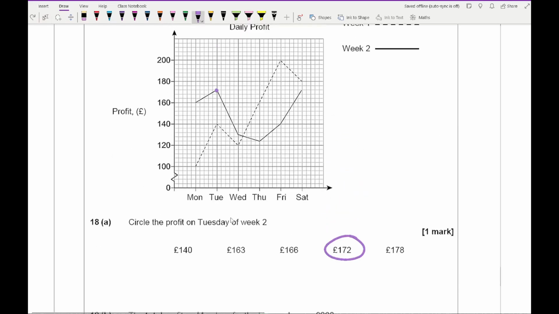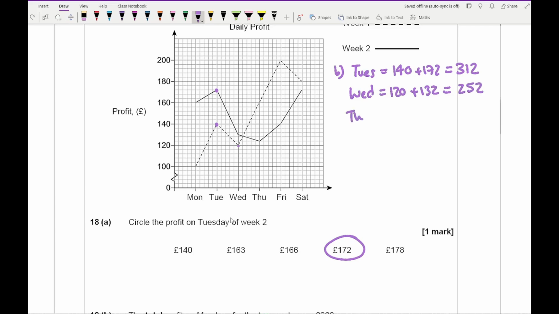So if I do question B here, so for Tuesday, I'm going to add 140 to 172. So that's 140 plus 172. That comes up to a total of 312. For Wednesday, that's going to be 120 plus 132, which is 252.